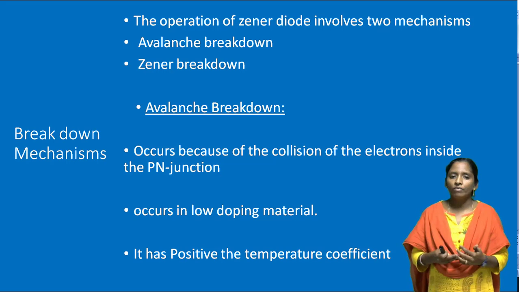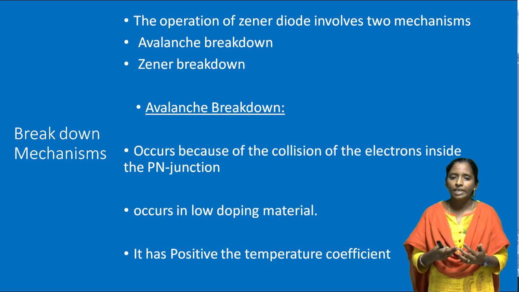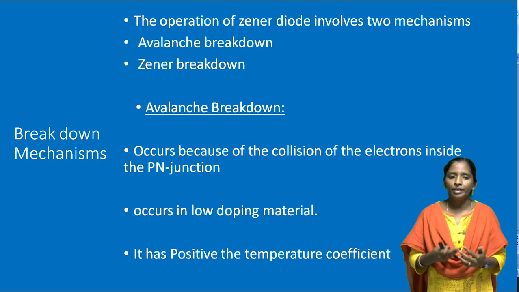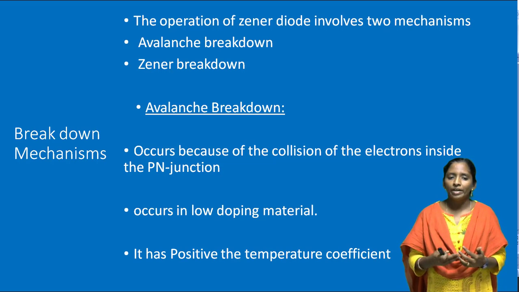The operation of Zener diode involves two mechanisms. One is avalanche breakdown and the other is Zener breakdown. Let us discuss one by one briefly. What is meant by avalanche breakdown? Avalanche breakdown occurs because of the collision of electrons inside the PN junction.